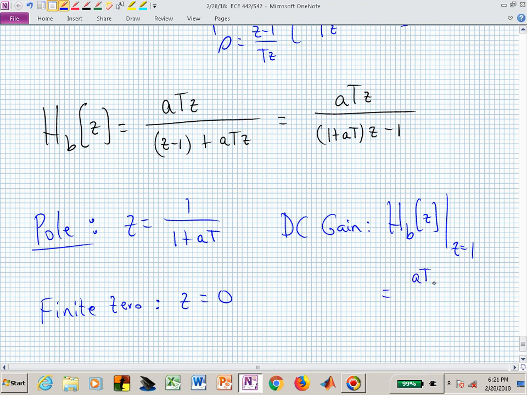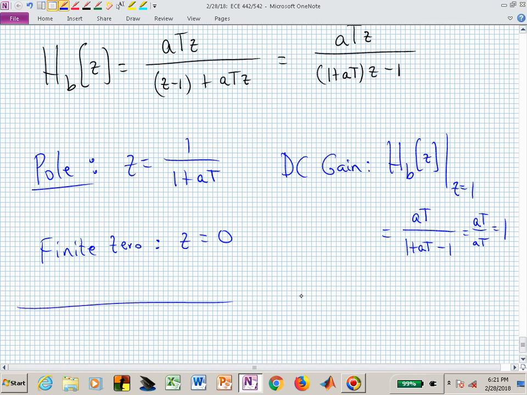So now we have upstairs AT, and downstairs we have 1 plus AT times 1 minus 1, or again we have a DC gain of 1. Do you see that we have a slightly different transfer function, but it's consistent with being a low-pass filter, and because it's based on a different approximation rule to that sliver.